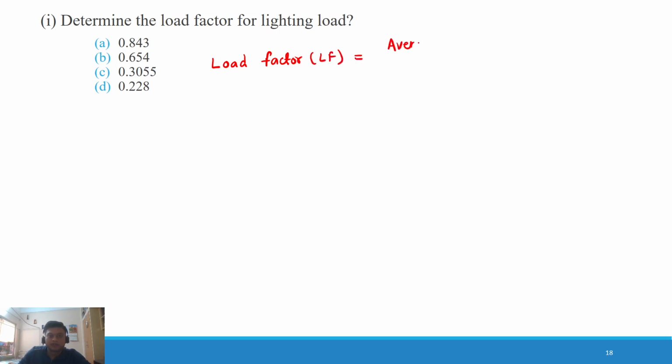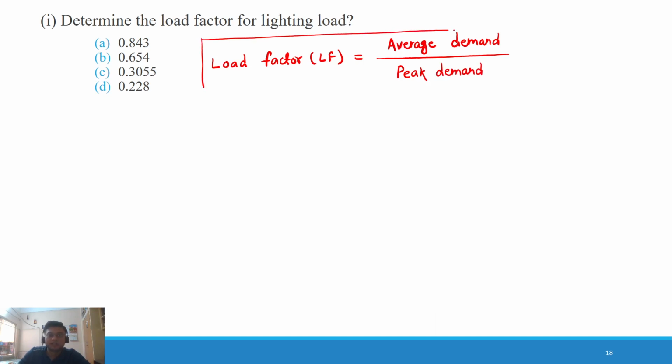We know the formula of load factor is the ratio of average demand to the peak demand. This is a very important formula. I think we are all familiar with this. We have used it so many times.